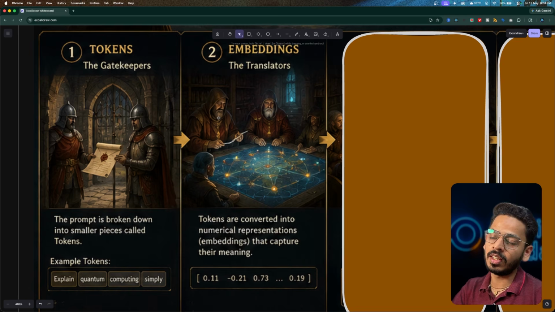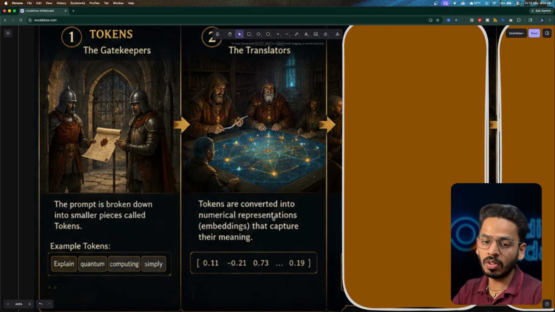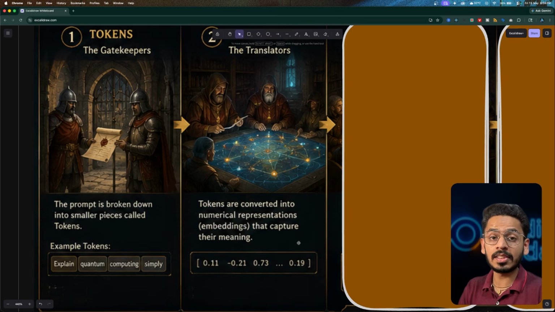As you see, there are three or four translators doing some mathematical analysis and converting the input into a numerical representation. So the same tokens, like "explain quantum computing simply," are now converted into zeros and ones. It is a numerical representation, and this is called embeddings. The tokens converted into a numerical representation are known as embeddings.